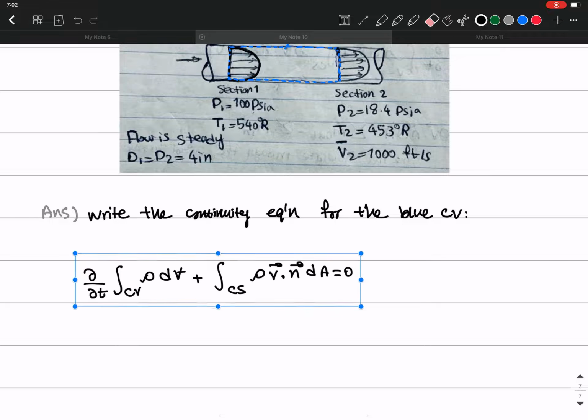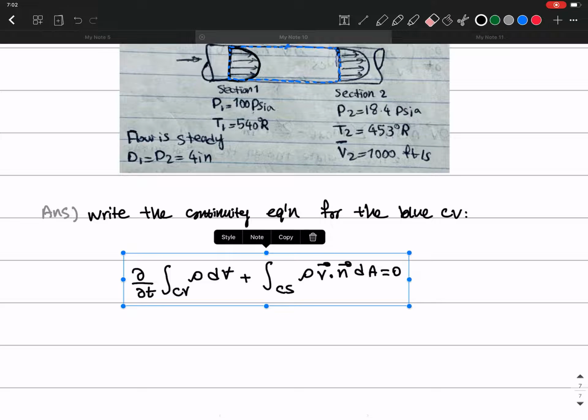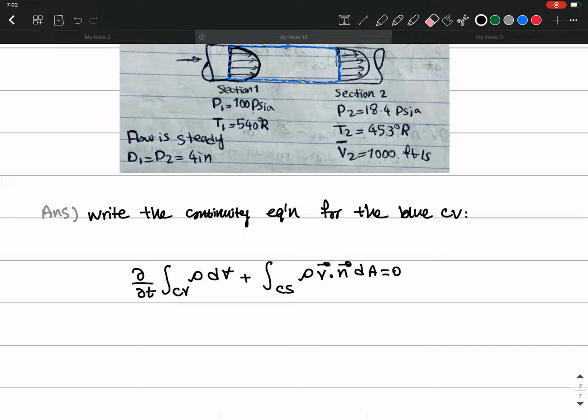So this is the continuity equation, okay? And because the flow is steady, this is given here. So this term is going to be 0, because of steady flow. And so I'm only left with the other term.